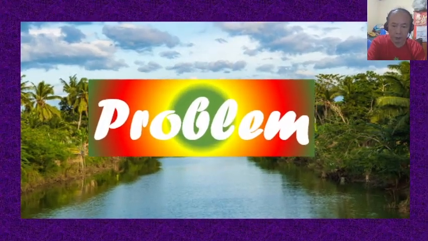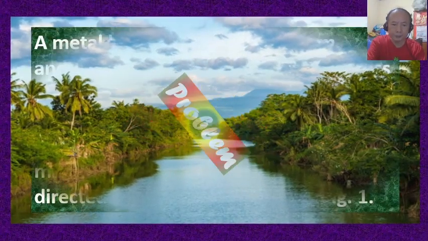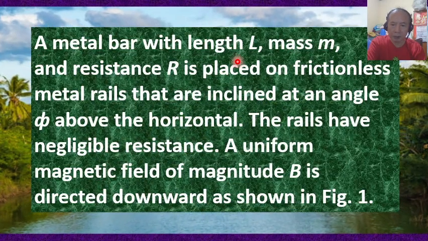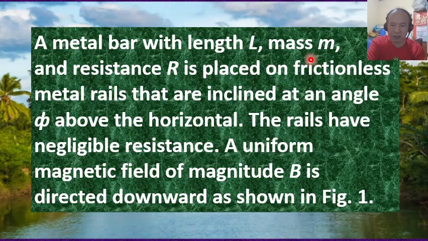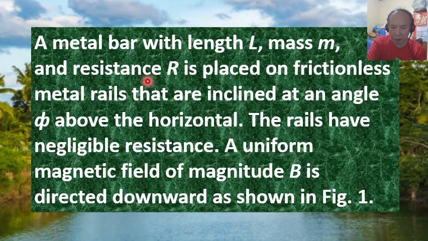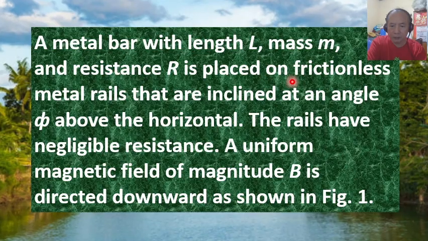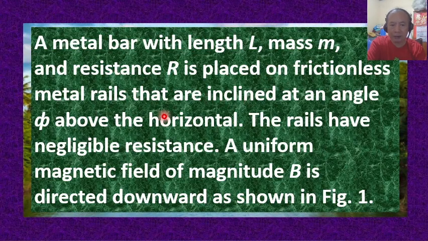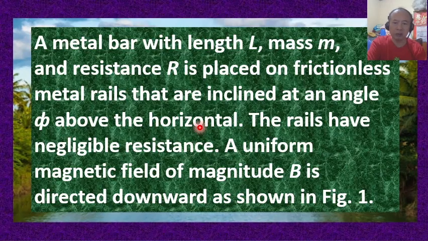The problem is: a metal bar with length capital L, mass small m, and resistance big R is placed on frictionless metal rails that are inclined at an angle phi above the horizontal.